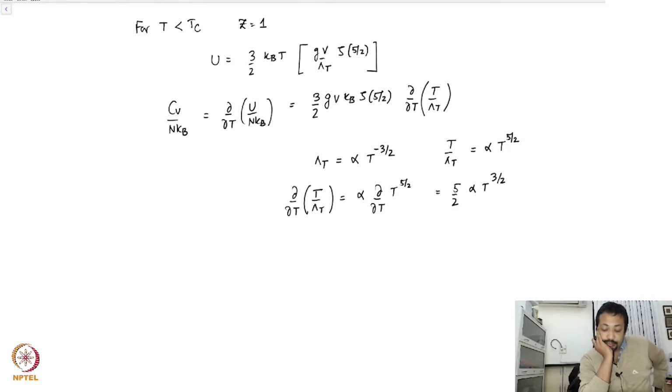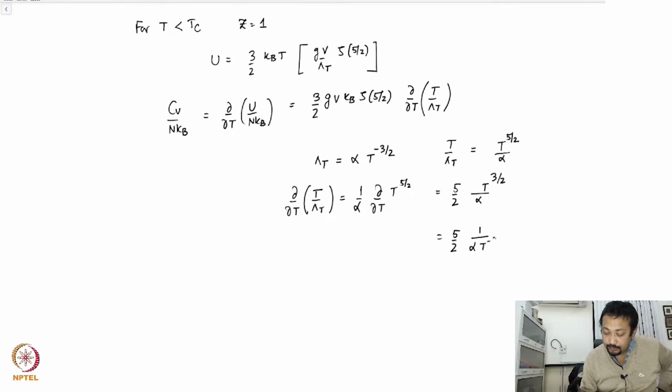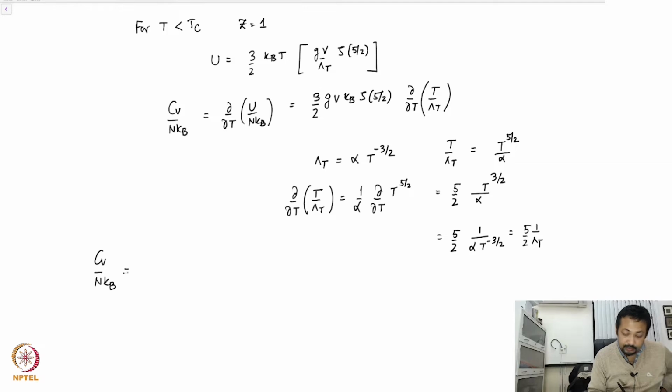Can we express it in terms of this? I'm sorry, this is my mistake. So this has to be T to the power by alpha, so that this is 1 over alpha, and this is 5/2 alpha T to the power minus 3/2, and you have 5/2 times 1 by lambda T. So that Cv over NkB is 3/2.